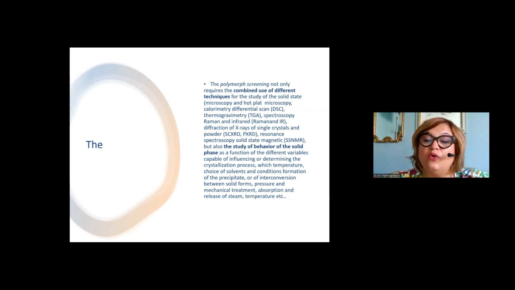One is connected with polarization, which is Raman, and the other with absorption, which is IR. And we have studied also with X-ray diffraction, with powder diffraction, and so on.